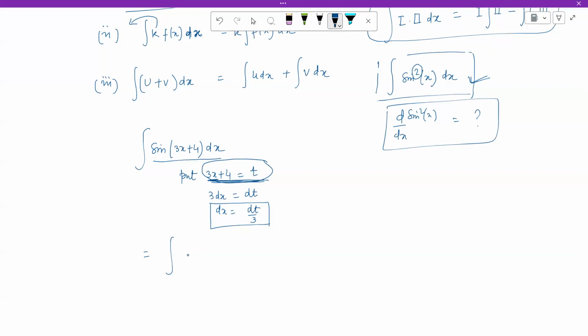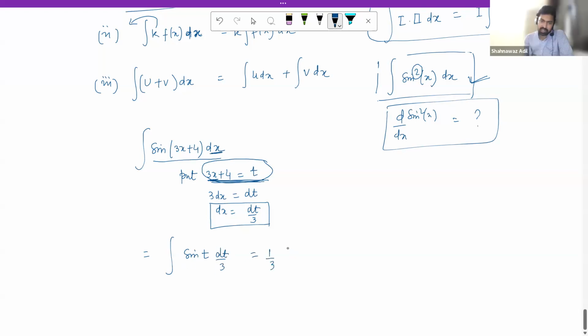So replace 3x plus 4 by t. So this would be sine t, right? And then dx, I can write as dt by 3. Now this thing is a constant, so 1 by 3 is outside, and then sine t dt. Now this one is a familiar one, right?